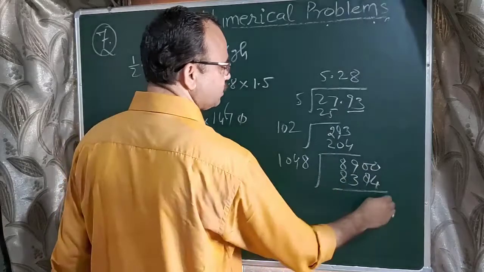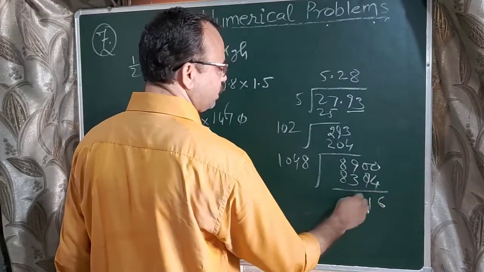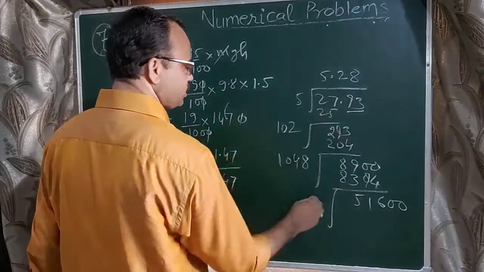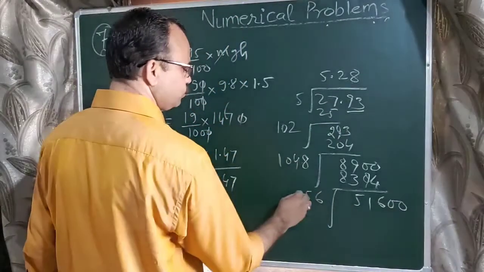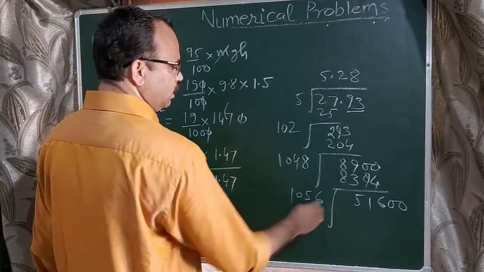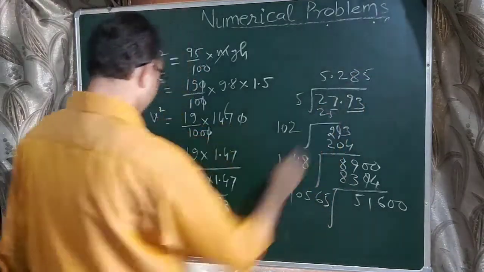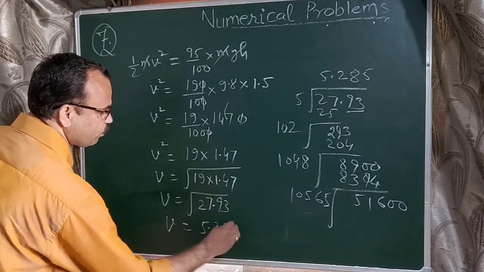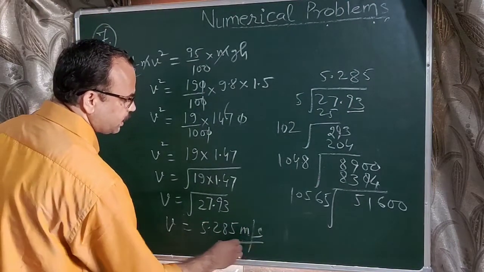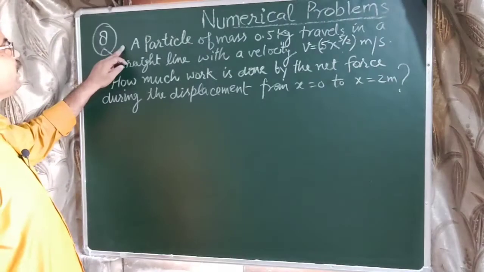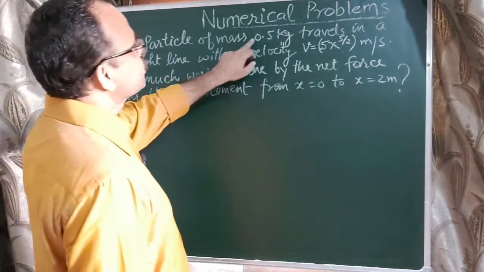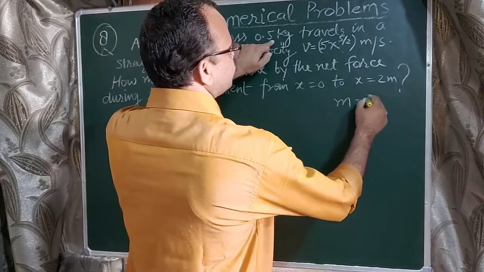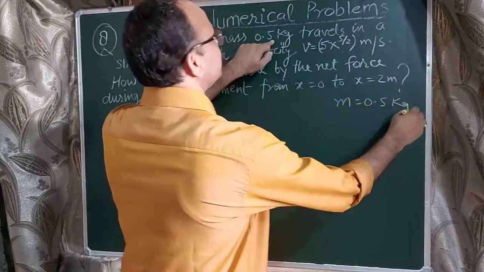Okay, then 6 9 8 1 8 5, then the next pair, 8 8 16, 1 5 0 1 5. Okay, so the velocity will be 5.285 meter per second.